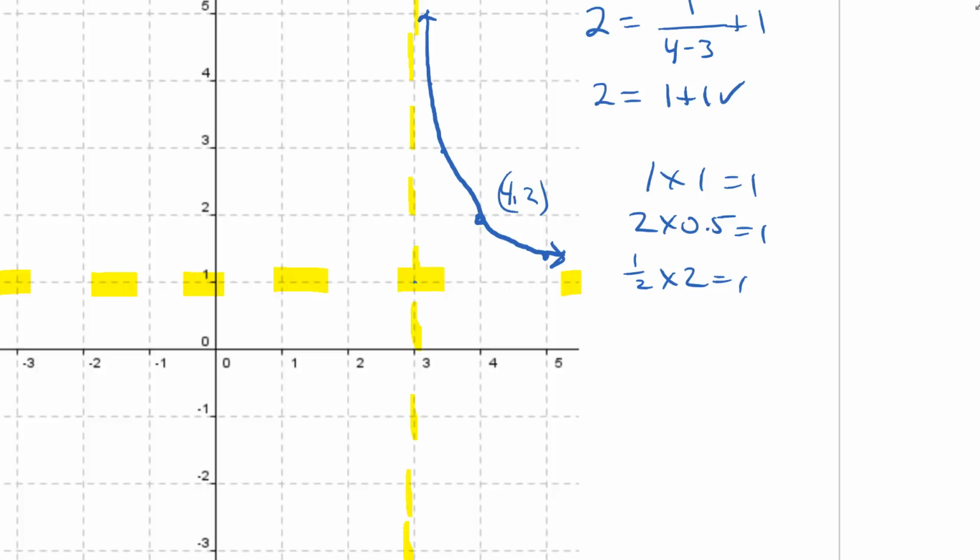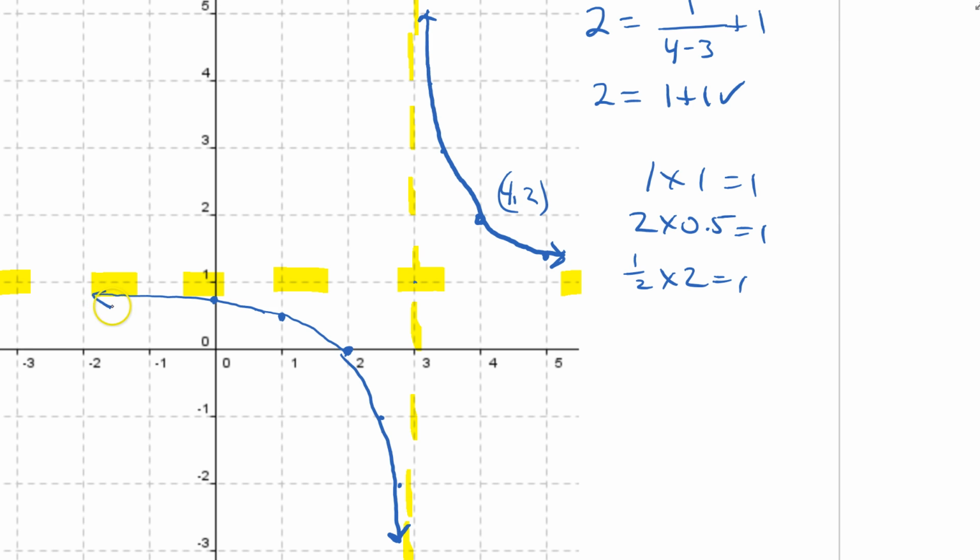Now, my other place, thinking again from here, I want to move all the different combinations of left and down, or down and left, that multiply out to 1. So the obvious choice is to go over here first and go 2 over and a half down. I can go 3 over and a third down, 2 down and a half left, 3 down and a third, and so on. And so now I'll get this kind of a shape here. I'll see if I can sketch it in.